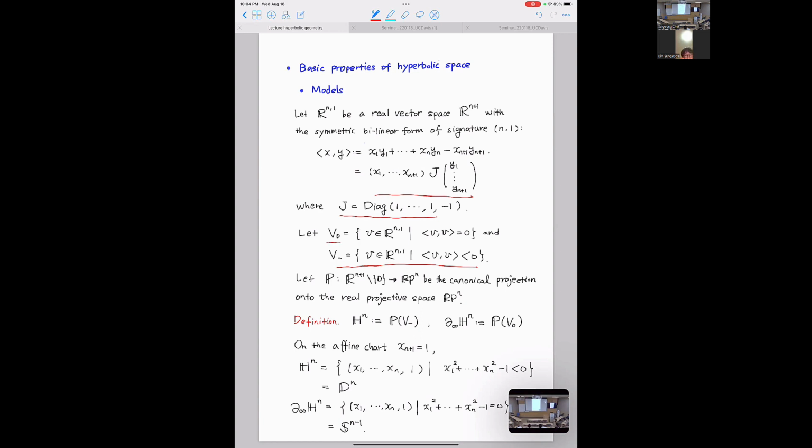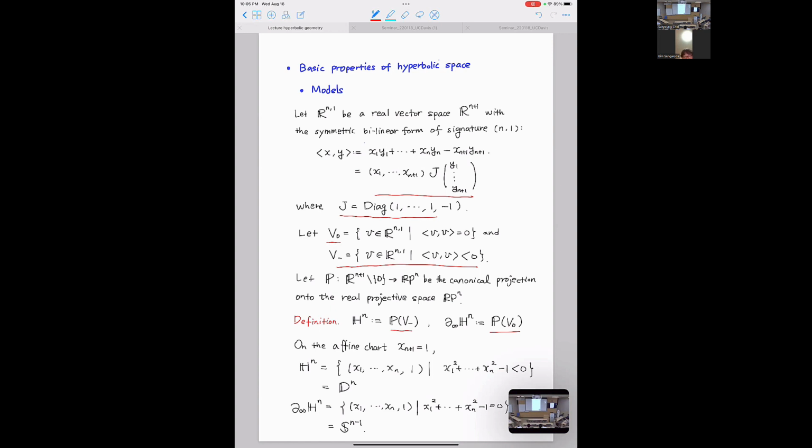Then by using the standard projection onto real projective space RP^n, you can define hyperbolic space as the projectivization of V minus, and its boundary as the projectivization of V0.